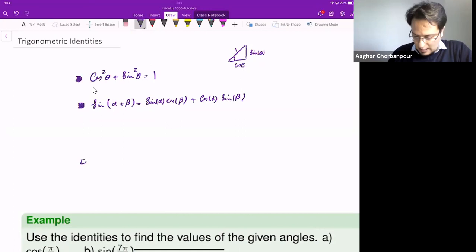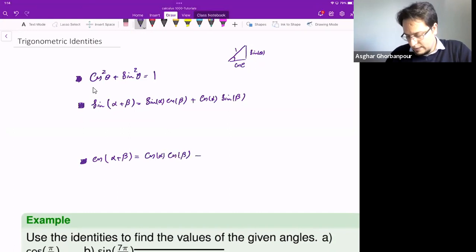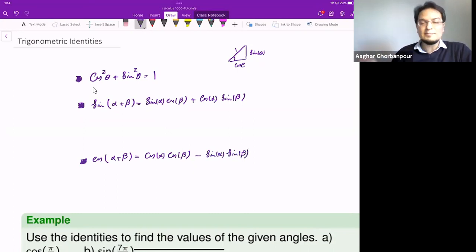And then you have the third one, which is cosine of alpha plus beta. This will be cosine alpha cosine beta minus sine alpha sine beta. You have to know these three. These are the main ones. Almost everything else, at least in this course, comes from one of these.